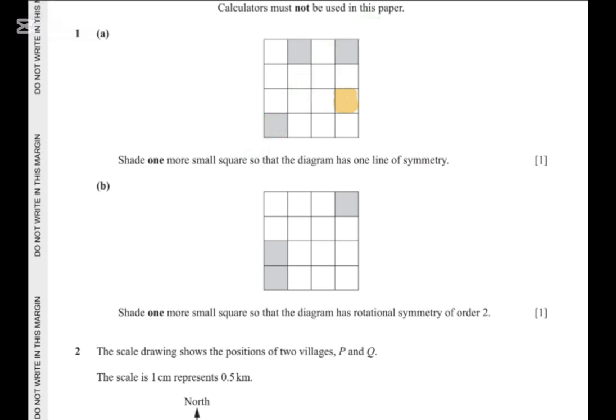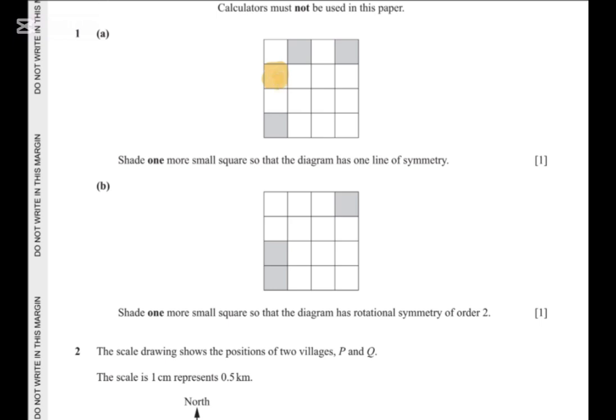Or if I shade this box, the line of symmetry will be this. So any one box you can shade here. Question A is done.